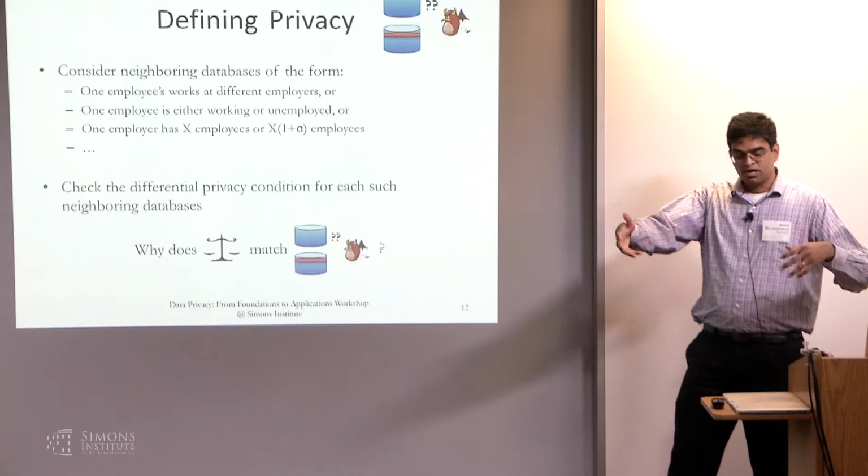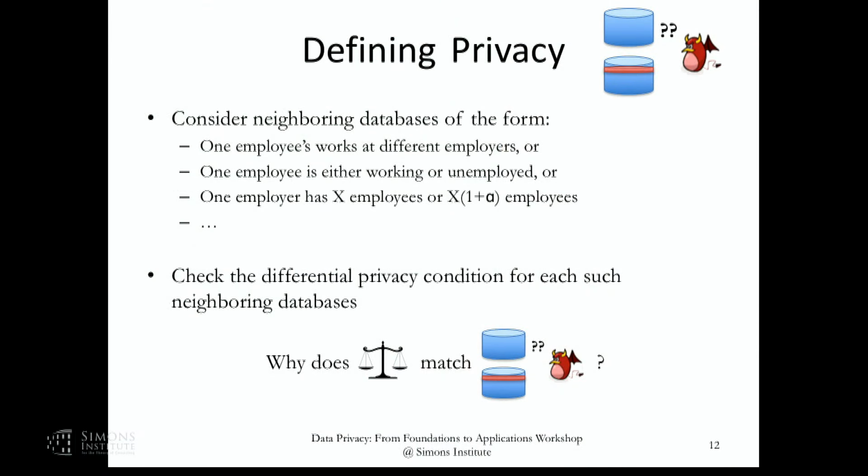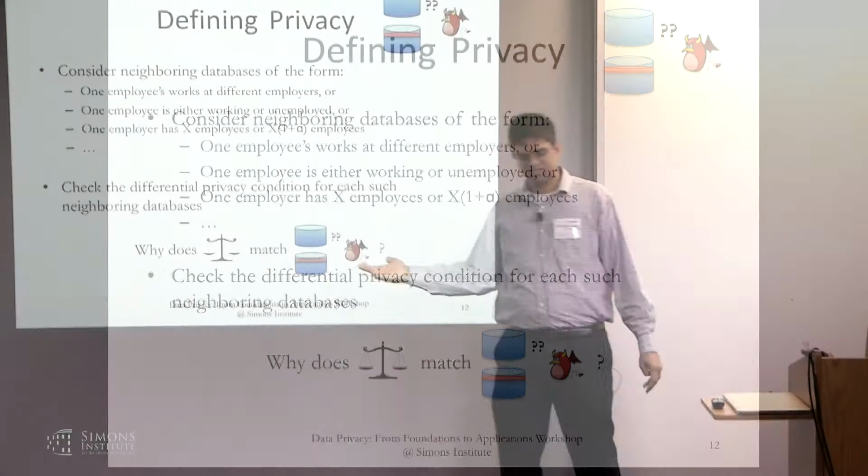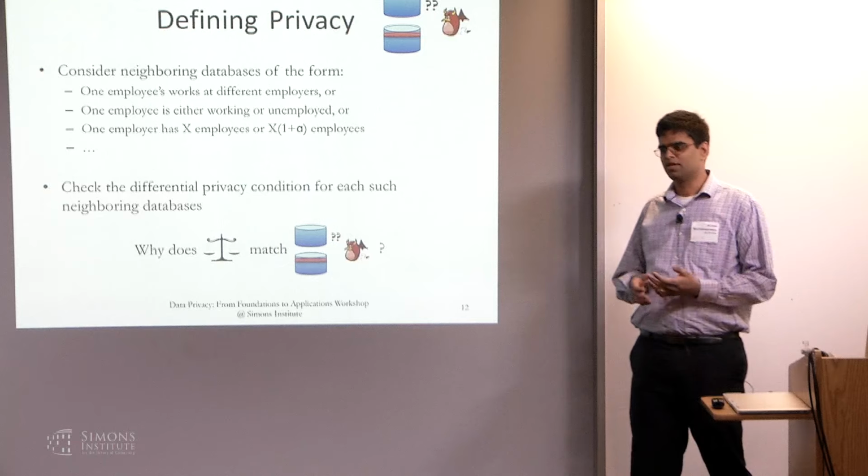Or another way is like in one case, an employer, say Uber, has 1,000 employees, in another case it has 1,050 employees, where alpha is 5%, and so on, right? So you can set up your privacy like that, and then you can check differential privacy. But now the question is, why does this law match this kind of a definition, right?